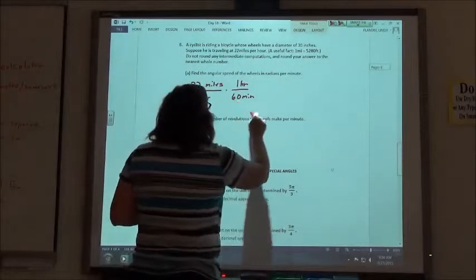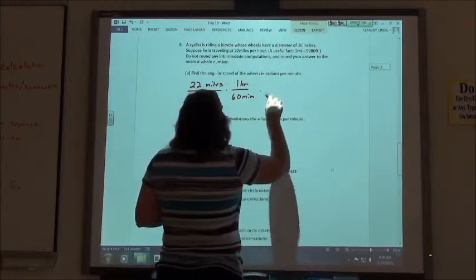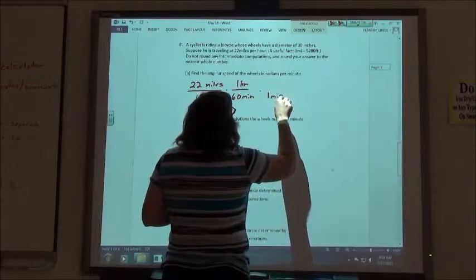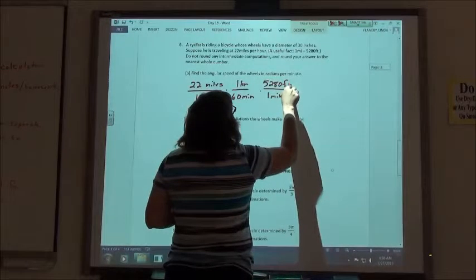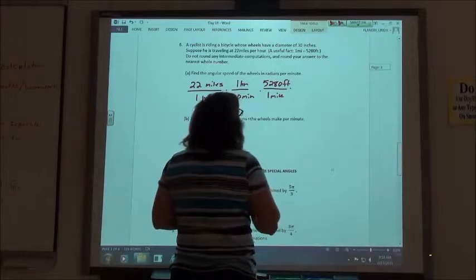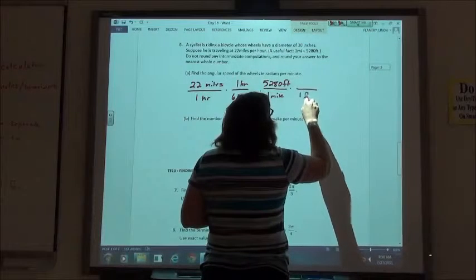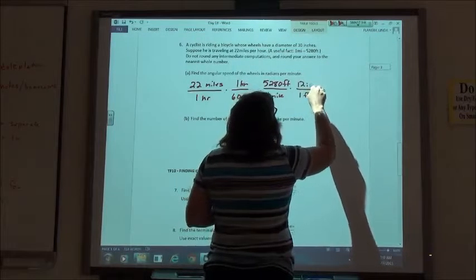So I am going to say that I have, let's see, 1 mile is 5,280 feet, but then I have to change my feet to inches. 1 foot is 12 inches.